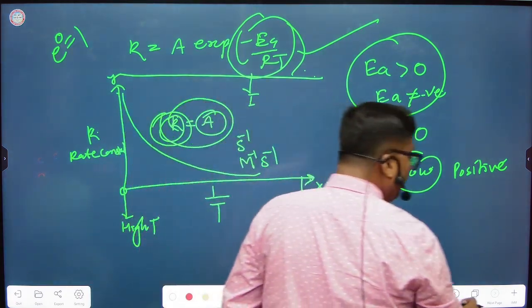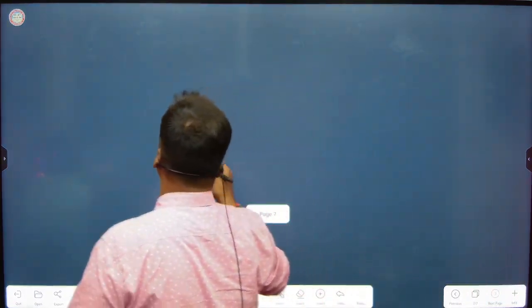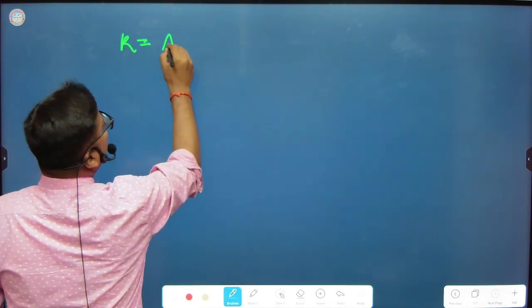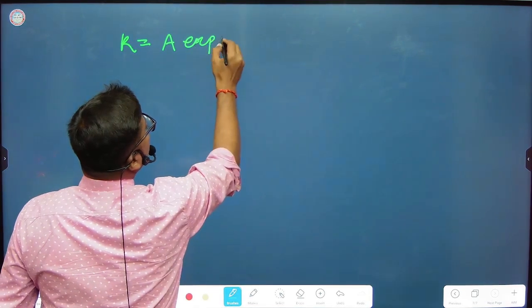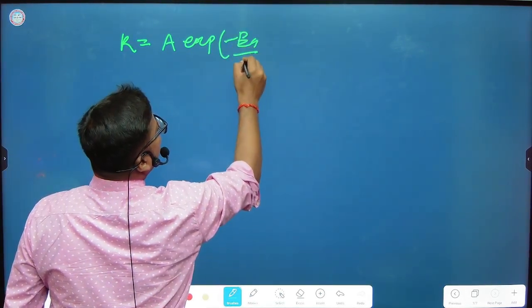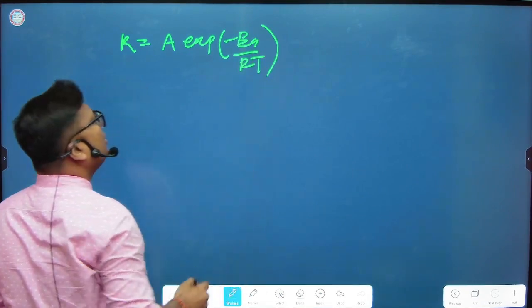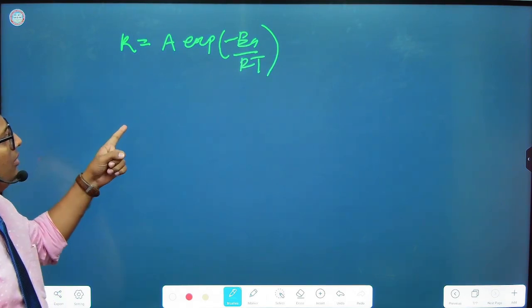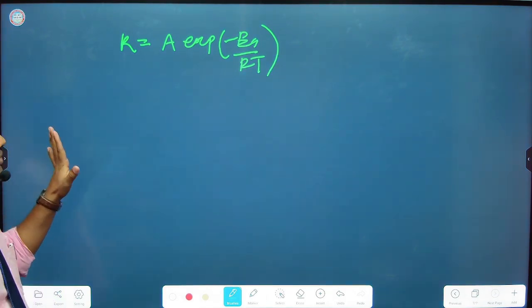In another form, we can write the rate constant K equals A exponential minus EA upon RT. This expression is actually for 1 mole of the reactants.